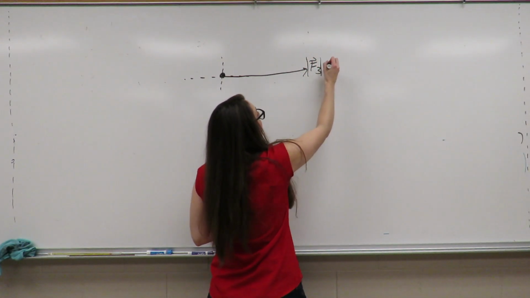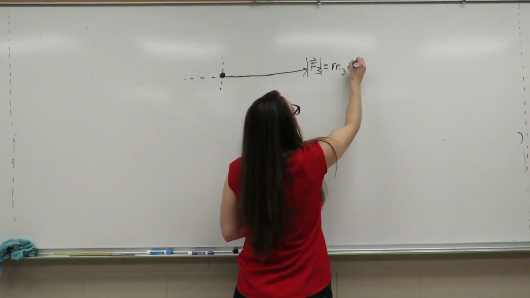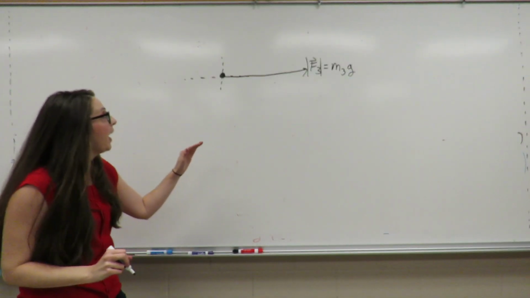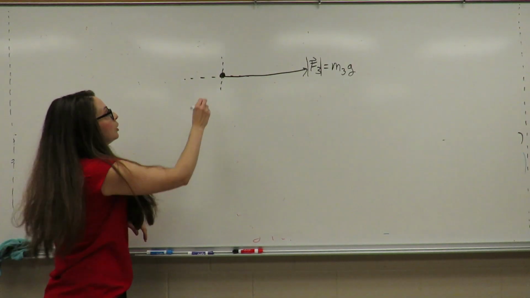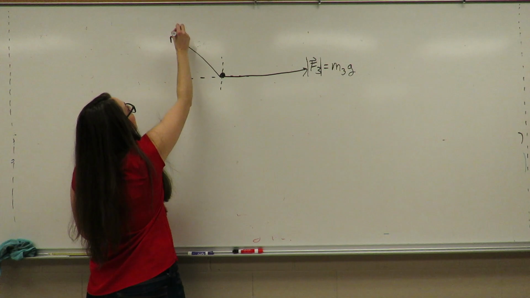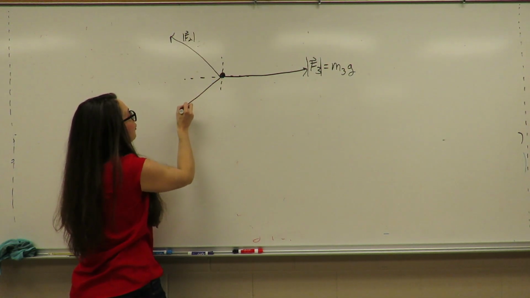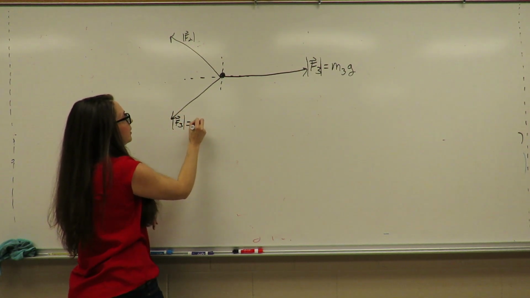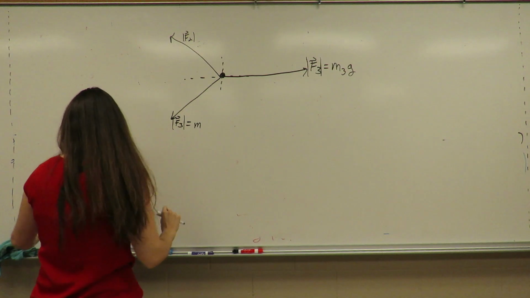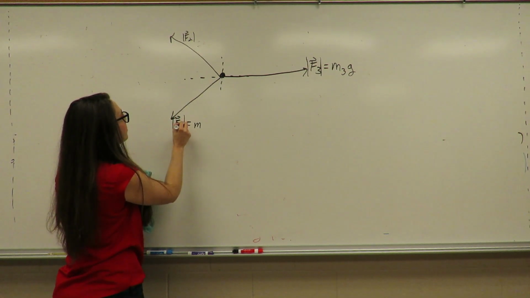So the magnitude of it is still M3G. Now if you do that, and then you label your drawing accordingly, you should find F2 up here, and then F1 pointing off down here. Oh sorry, we'll call this not F3, we'll call this one F1.